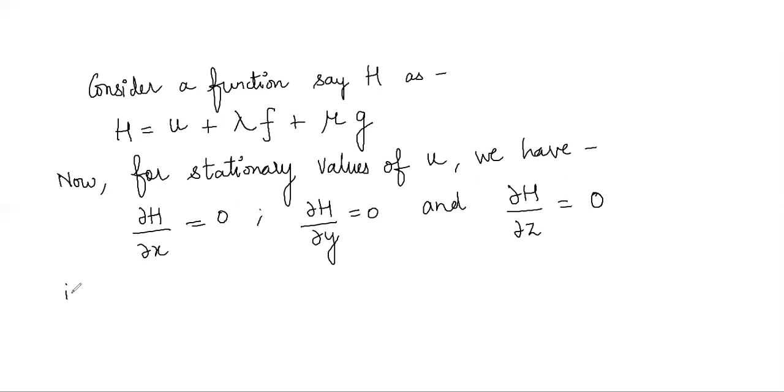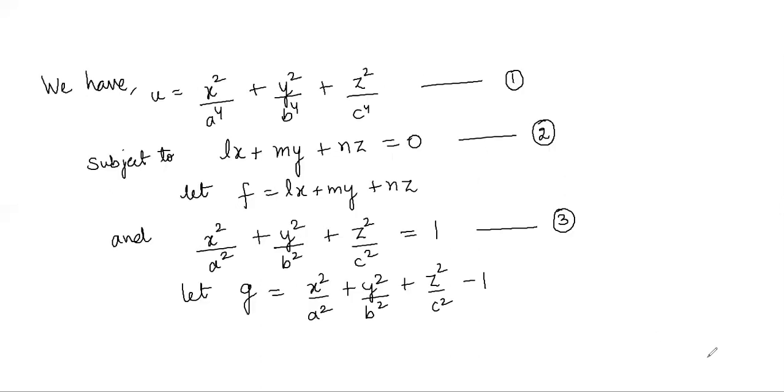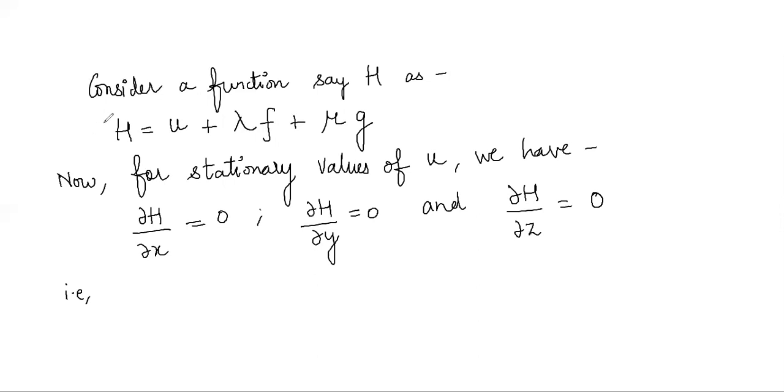That is, if we see the definition of h, which is written here, what will be del h by del x? Del u by del x plus lambda del f by del x plus mu del g by del x equal to 0.